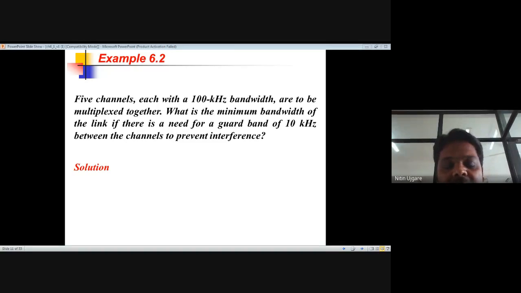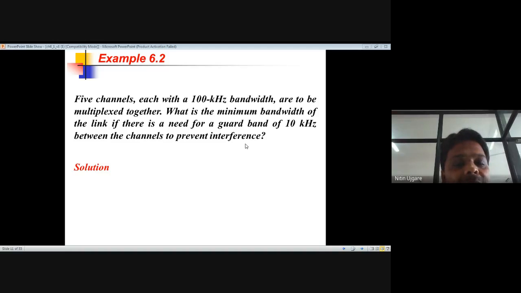Now we mentioned that we have to also ensure that these 5 channels should not interfere or overlap with each other. And to make sure the overlapping does not occur, we are using guard bands. In the problem itself, it is mentioned that a guard band of 10 kilohertz is used between the channels to prevent the interference.